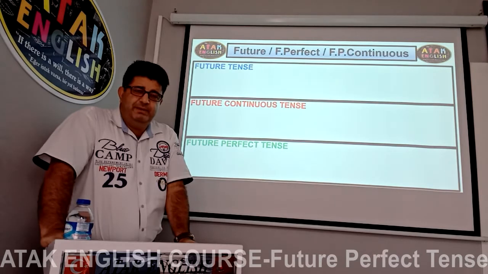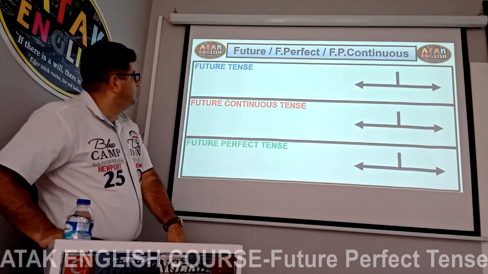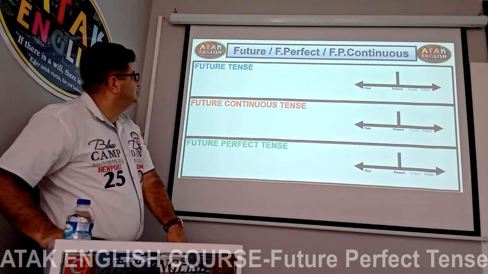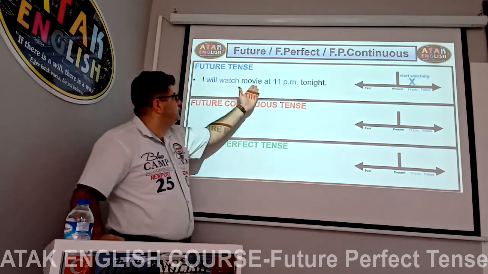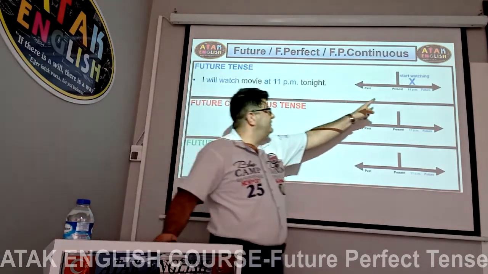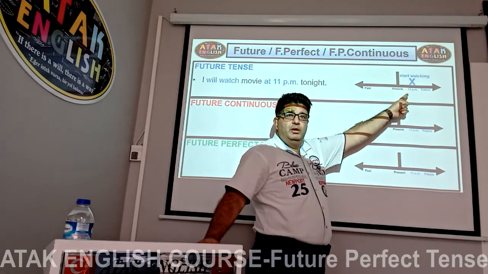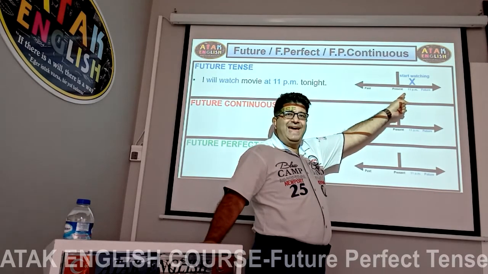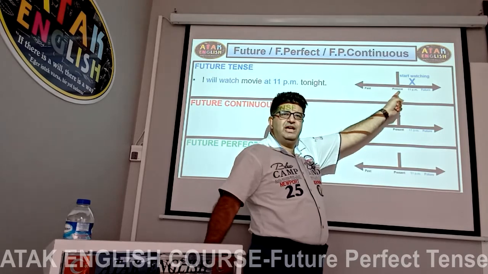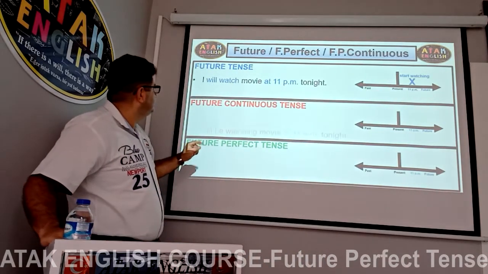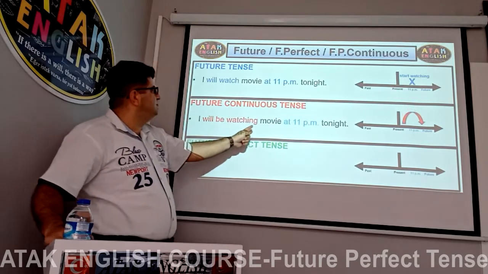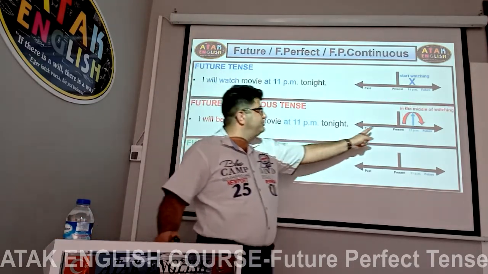Let's try to explain them with examples and show them on the timeline diagram. I will watch a movie at 11 p.m. So at 11 p.m. the action will start. What about future continuous? I will be watching a movie at 11 p.m. tonight.